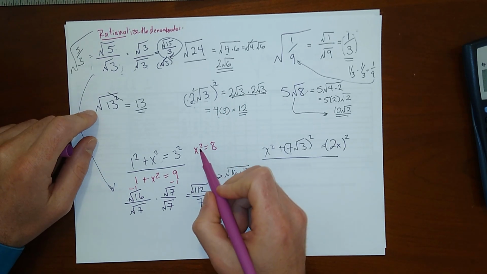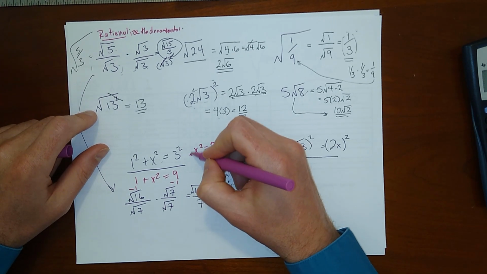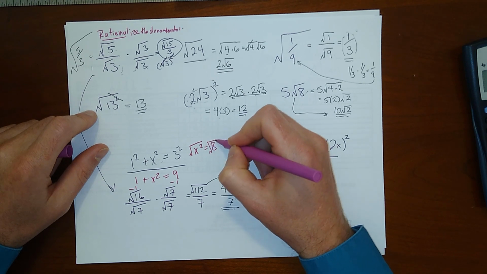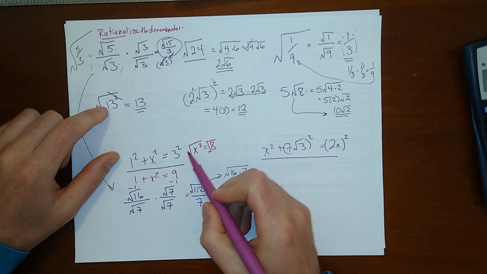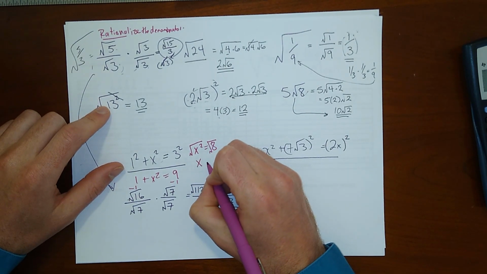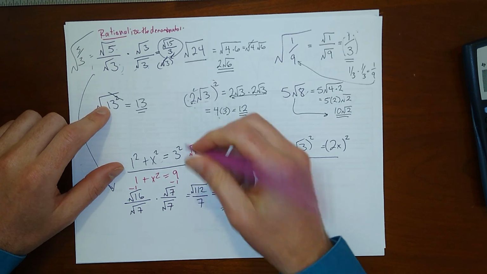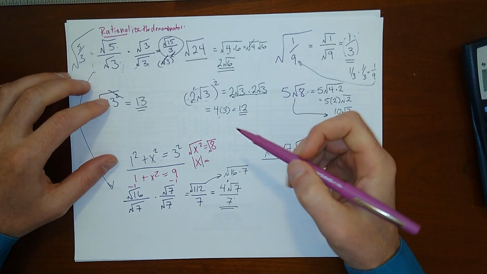And to get x by itself here, we need to undo the squaring. And to undo squaring, we take the inverse. We use the radical, we use the square root. So square root of x squared is x, or actually it's the absolute value of x, technically, in algebra.